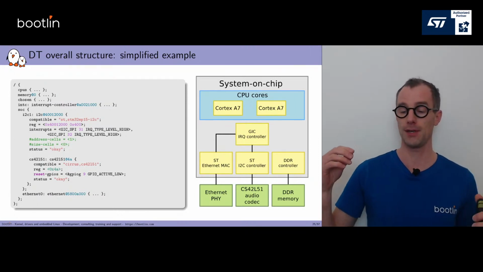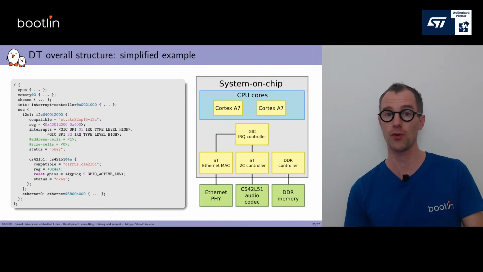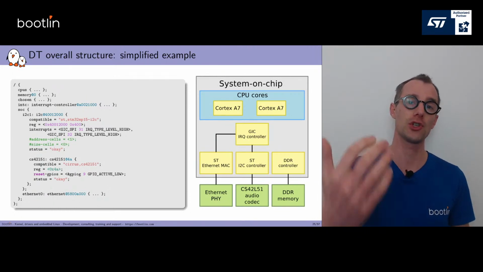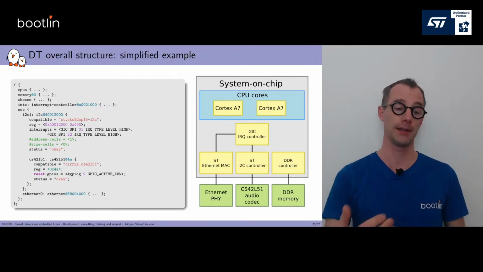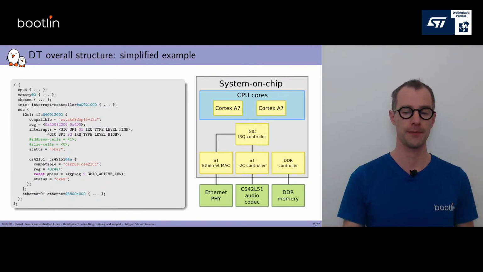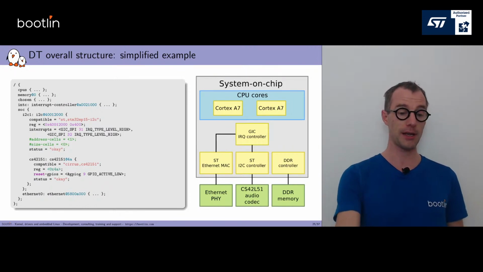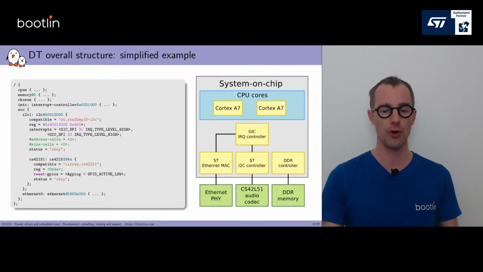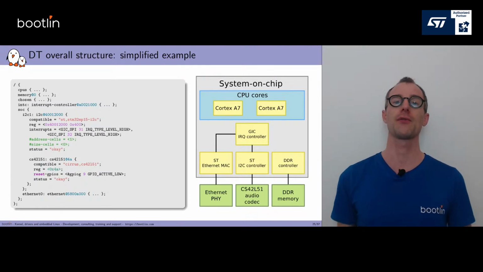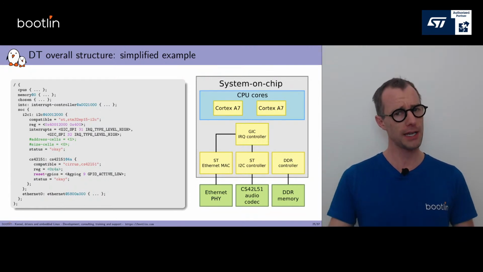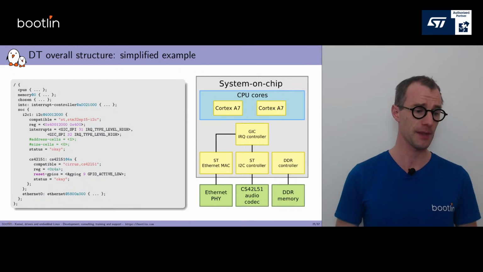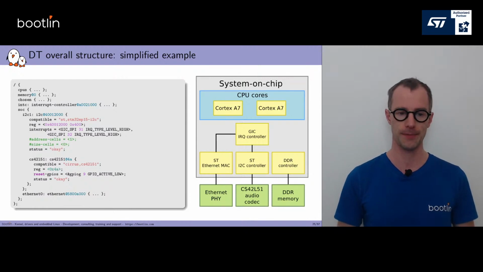So an SPI device connected to an SPI controller will be represented as a child node of the SPI controller, and same here for the I2C. So our audio codec is represented by that node, which again has a number of properties describing various aspects of that specific device. And we'll get into the details of those properties as we move forward in that discussion.